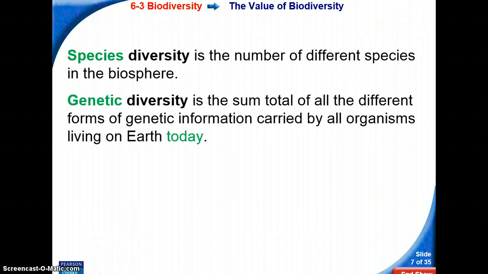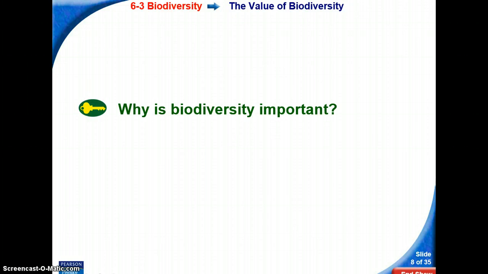And genetic diversity. And this is the sum total of all the different forms of genetic information carried by all organisms living on Earth today. So lots of different types of biodiversity, but overall, biodiversity is the sum total of genetically based variety of all organisms in the biosphere.